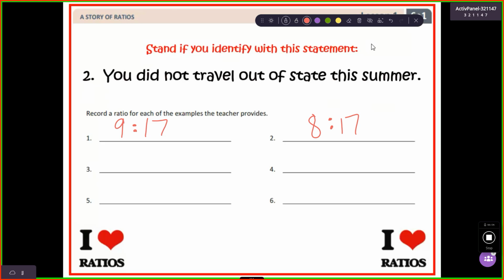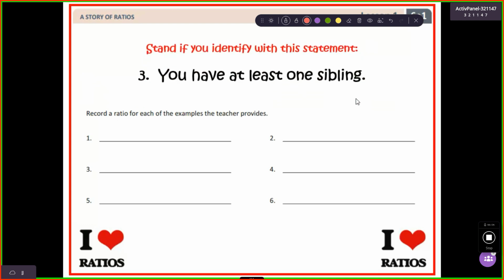Okay. My next question, you have at least one sibling. That means you're not an only child. So raise your hand if you have siblings. Everybody? Okay.